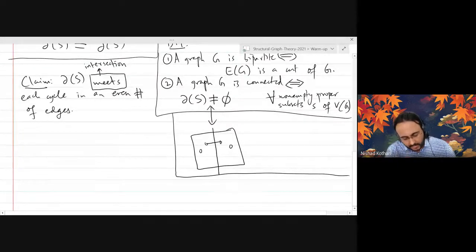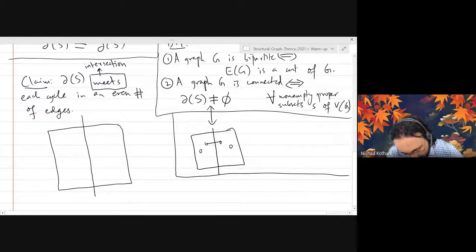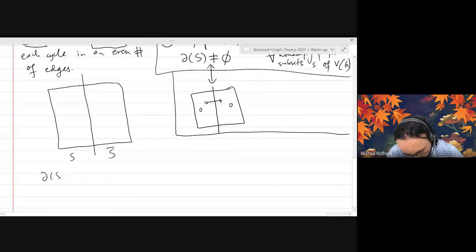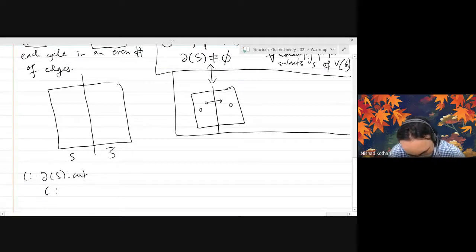So how do we prove this? Let's take a cut of the graph, and let's say we are looking at any cycle. Let me call C equal to partial S as our cut and Q as our cycle.